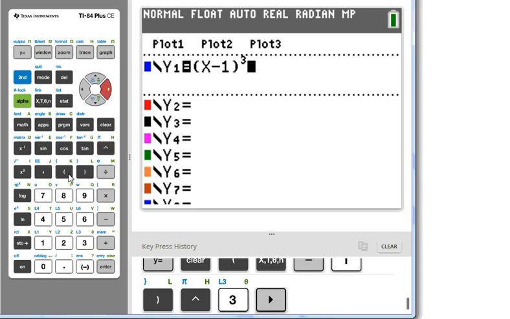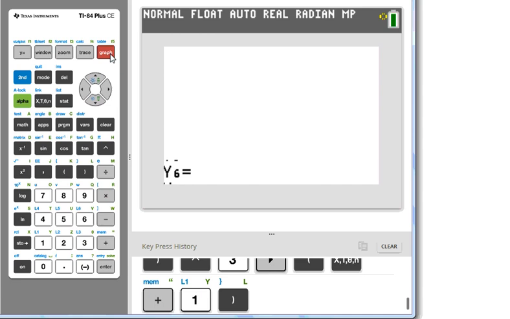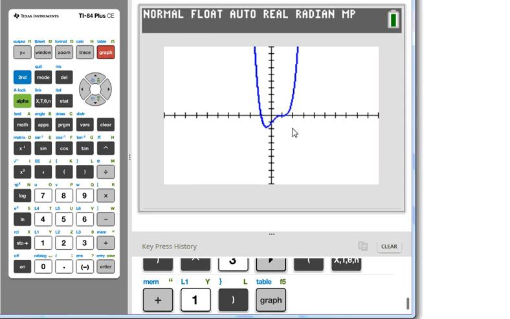Times quantity x plus 1. And so we graph the function here, and we only have 1 turning point, and we have 1 global minimum.